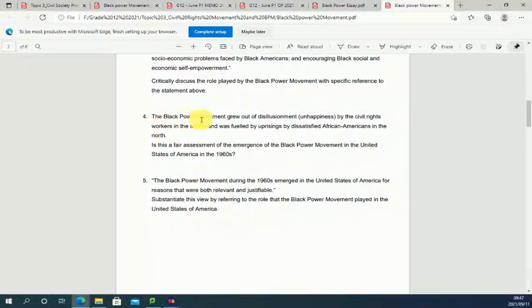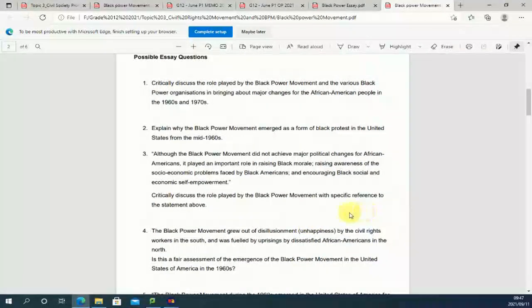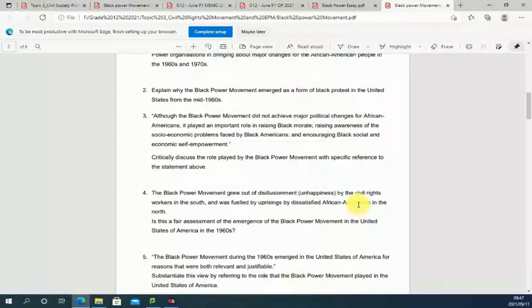Another is a statement that it drew out of the disillusionment and unhappiness of people with the civil rights movement, and then commenting on that. And the last one looks at whether it emerged for reasons that were both relevant and justifiable. So these ask you to analyze different aspects of either why they emerged or what they did.